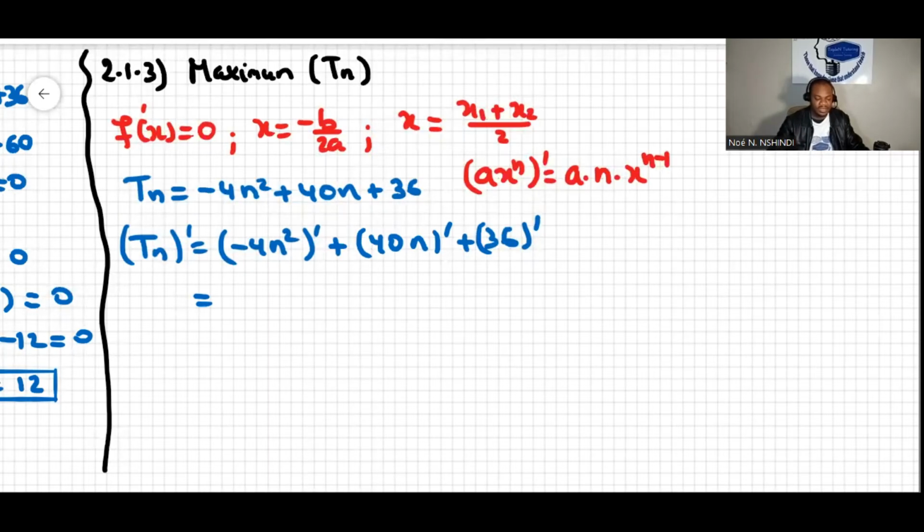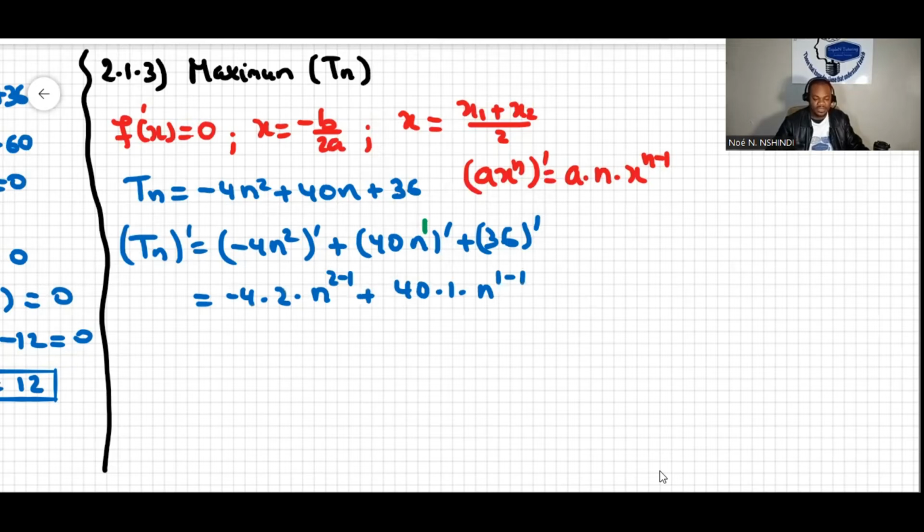So this is negative 4 times 2, my n is 2 now, times n to the power of 2 minus 1, plus, remember, when you don't see any exponent it's 1, so 40 times 1 times n to the power of 1 minus 1, and then the derivative of a constant is 0.